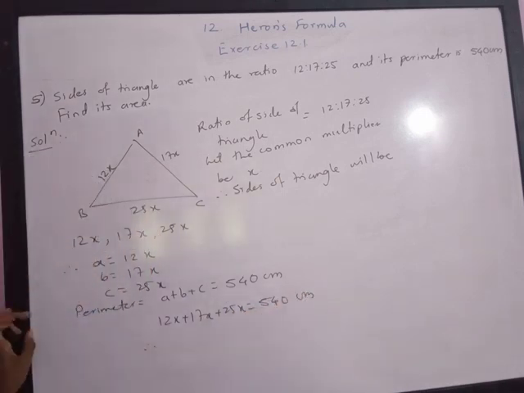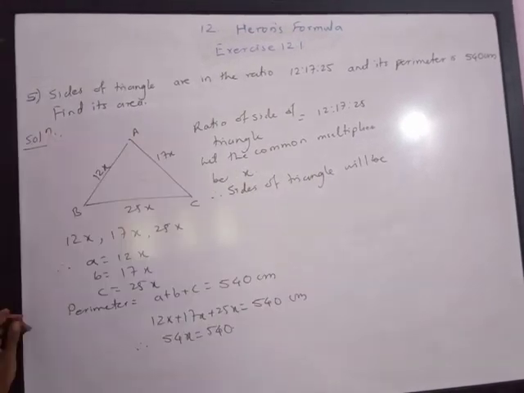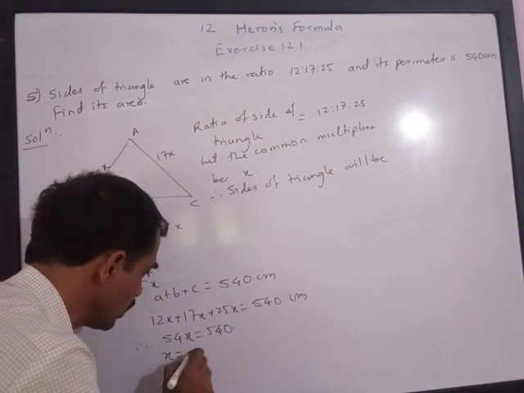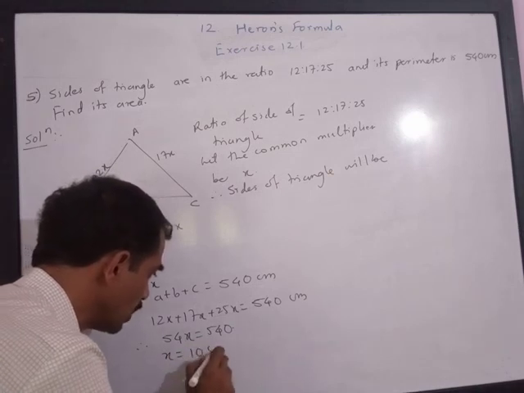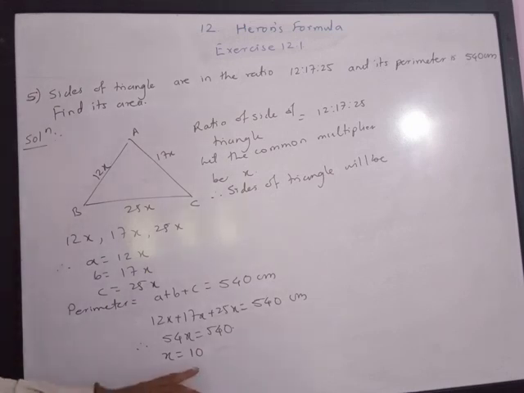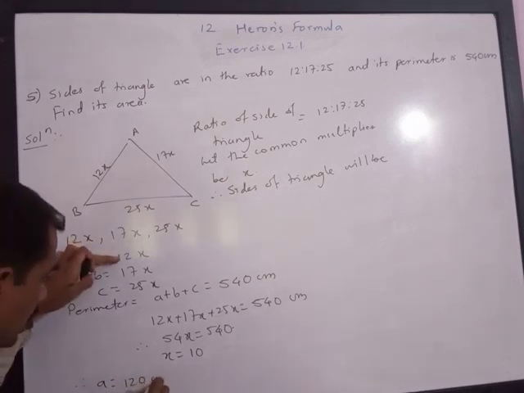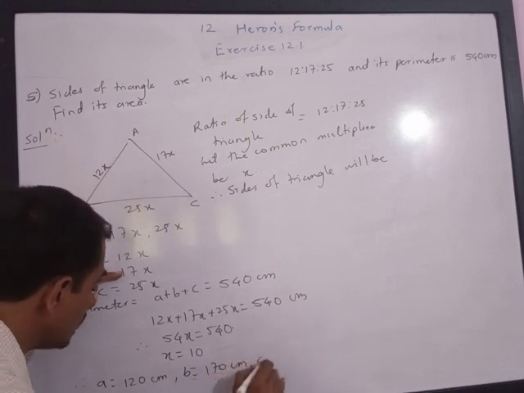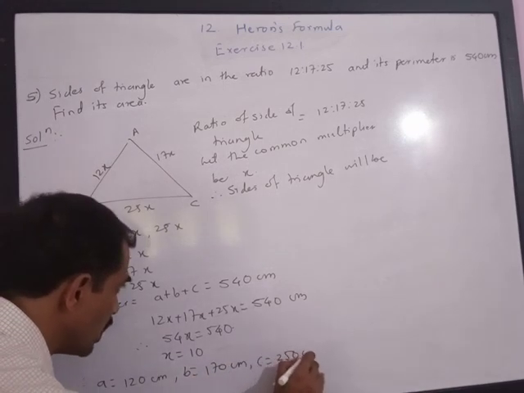Therefore 54x is equal to 540. It means x is equal to 10 centimeters. The common multiplier x is equal to 10. Now x is equal to 10, therefore the sides are a equal to 120 centimeters, b is equal to 170 centimeters and c is equal to 250 centimeters.